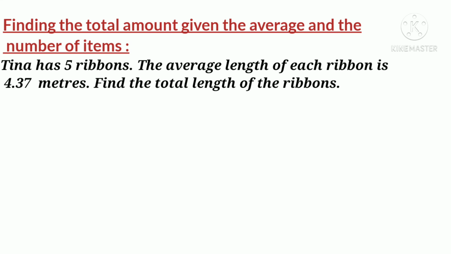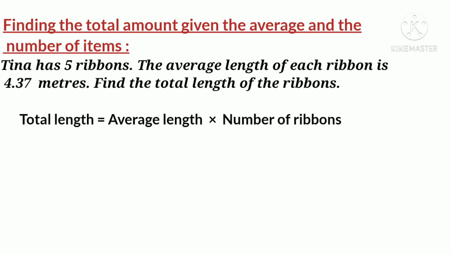We know that if we are given the total length of the ribbons and the number of ribbons, we can divide to get the average length of each ribbon. So, therefore, if we are given the average length and the number of ribbons, we can find the total length by multiplying the average length by the number of ribbons.